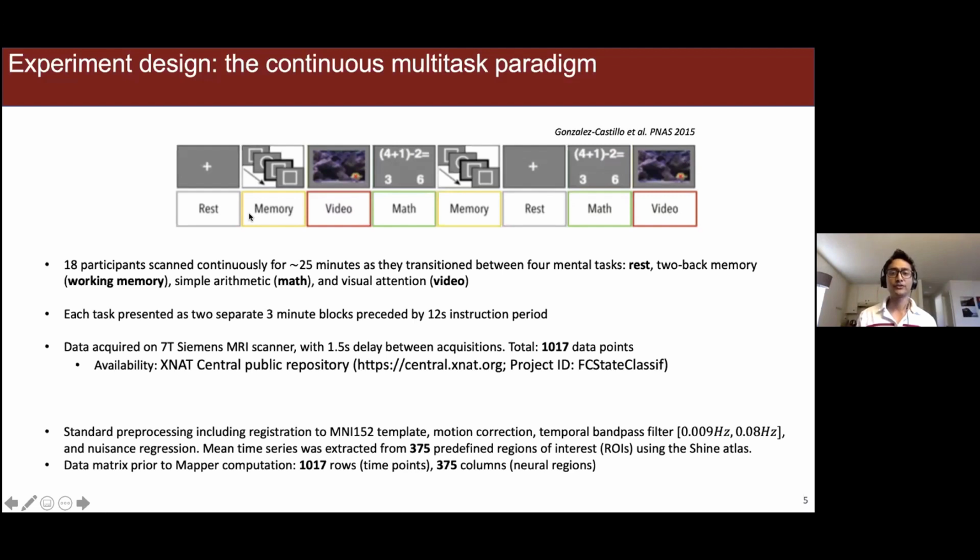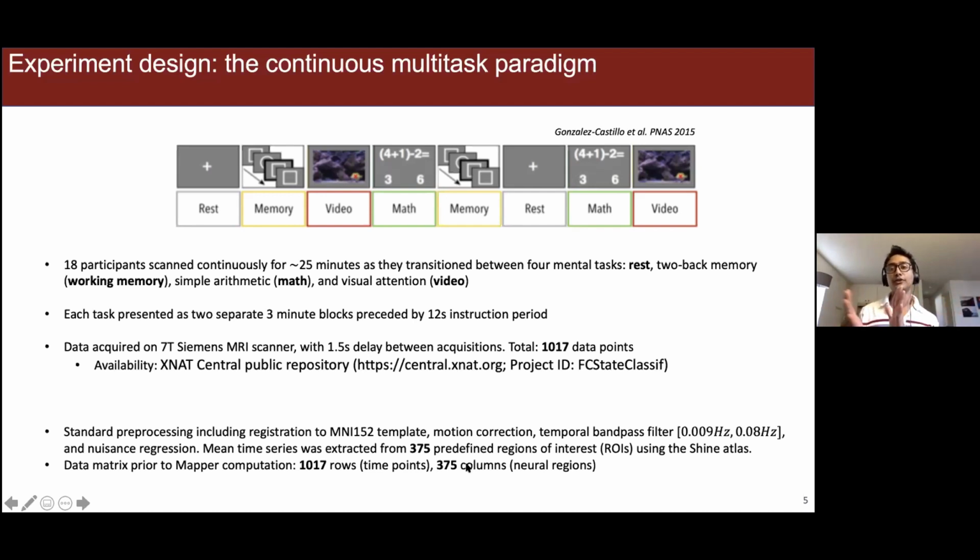And then there are some simple arithmetic tasks and some visual attention where you just look out for a crosshair appearing on a clownfish or something. Each of these tasks is 3 minutes long, and they appear in 2 blocks. This data is ultimately, after a lot of pre-processing, which really takes up the majority of the time in the fMRI pipeline, transformed into a setup where you have 1,000 rows or observations.